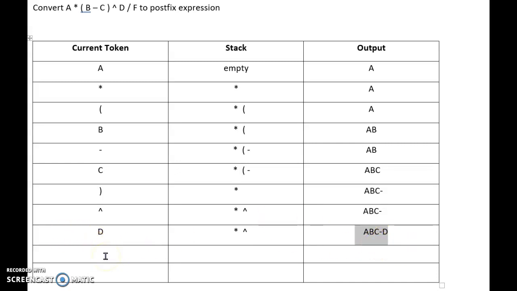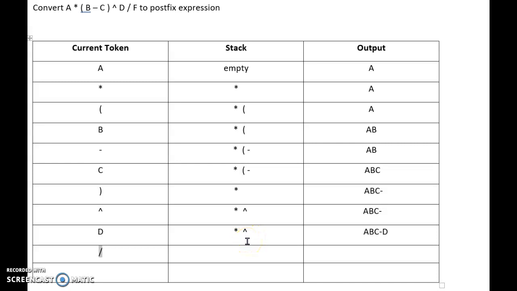The next thing we have is division. This is interesting because division is of lower precedence than the caret, so division cannot go on the stack next to the caret. The caret has to be popped off the stack to the output because of our rules, so it is popped off in front of this D. But once we do that, we have multiplication and division, which are the same priority, which we also cannot have, another of our rules.